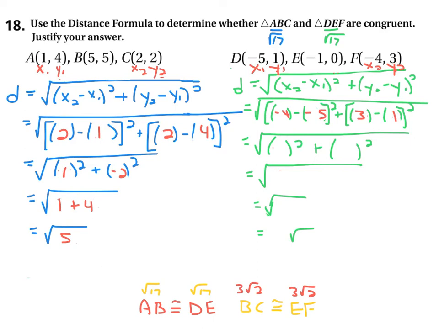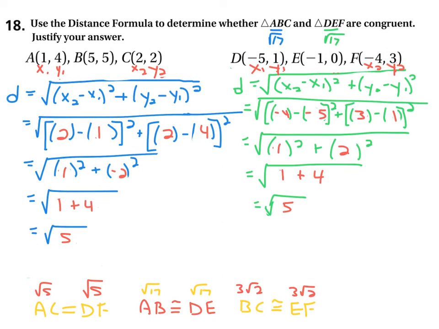And here, 4 minus negative 5 is the same as 4 plus 5, which is 1. 3 minus 1 is 2, so we get 1 squared, 1, plus 2 squared, 4, which is square root of 5. That means for our final pair of sides, which I could write over here as side AC, that is congruent to side DF, and they've got measurements of root 5 and root 5.